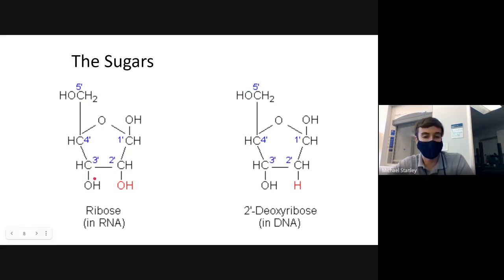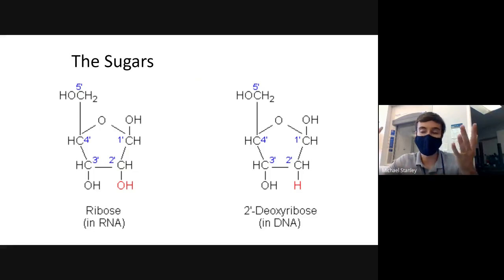The only difference between them is that this CH attaches to an OH, and this CH just attaches to an H. So this guy is essentially missing an oxygen. One of its oxygens has been taken away.